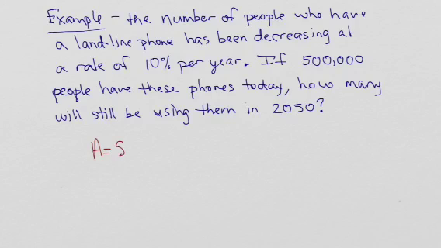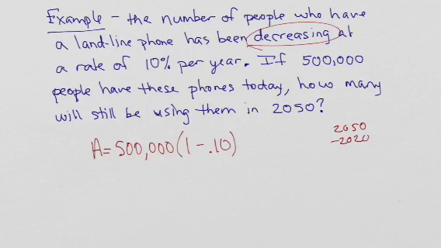And our starting amount, 500,000 people. This is a decrease. It even says specifically decreasing at a rate of 10%. So 10% as a decimal. And then my exponent. Well, I'd have to take 2050 minus 2020 and say, oh, this is 30 years from now. That's how much time will pass.